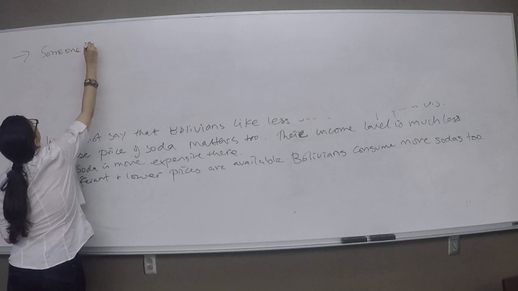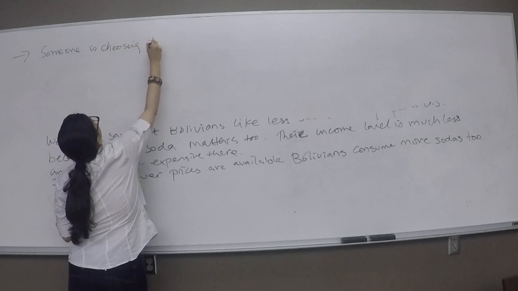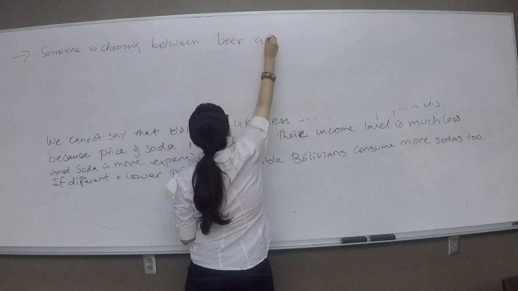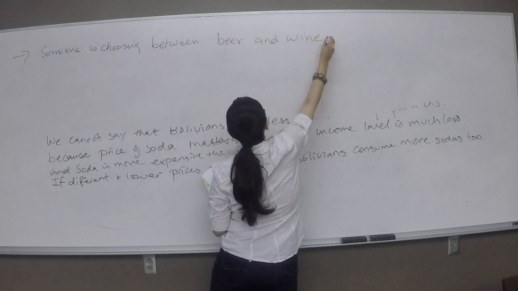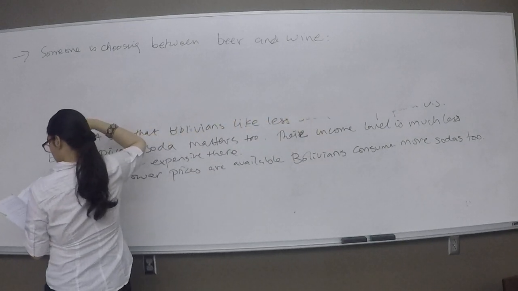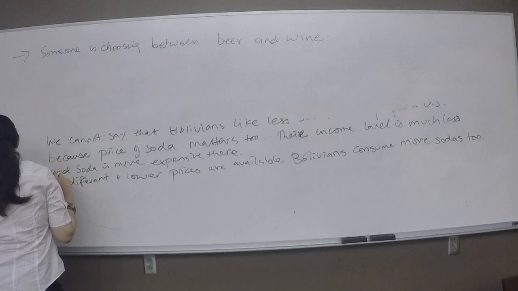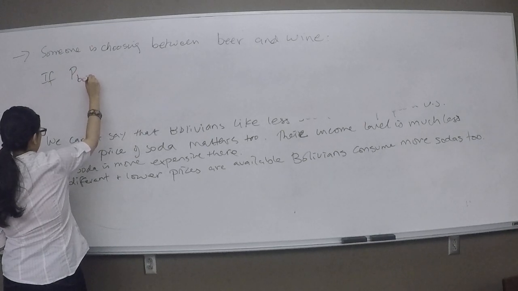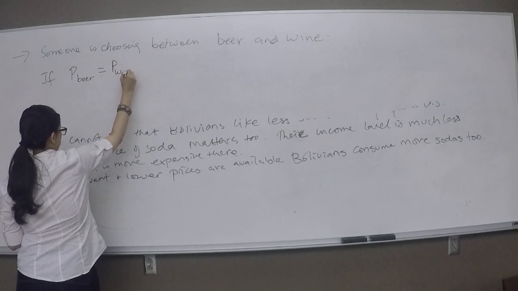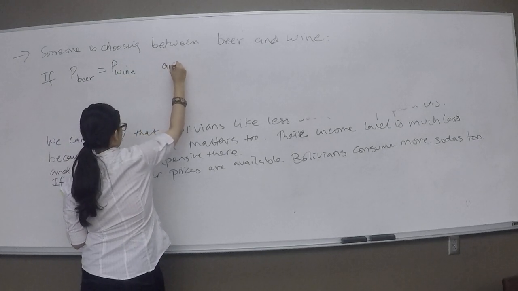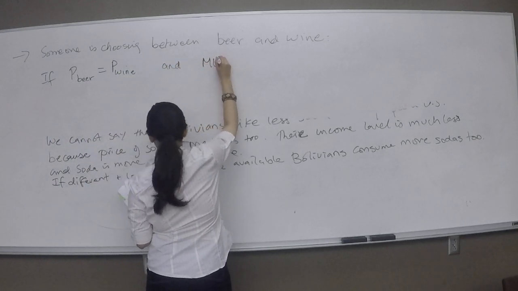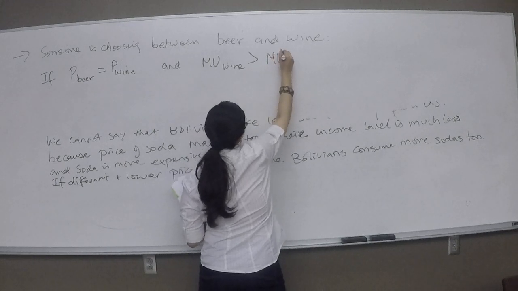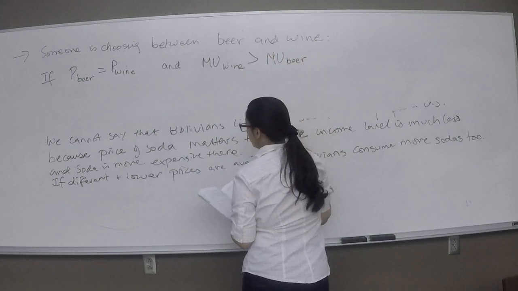Okay. Someone is choosing between beer and wine. If price of beer equals price of wine and marginal utility of wine is greater than marginal utility of beer, then what will they consume?